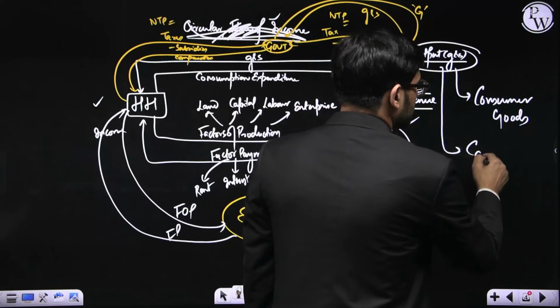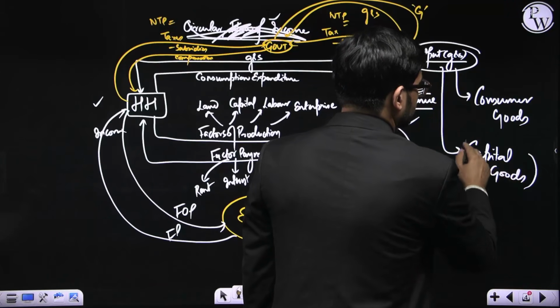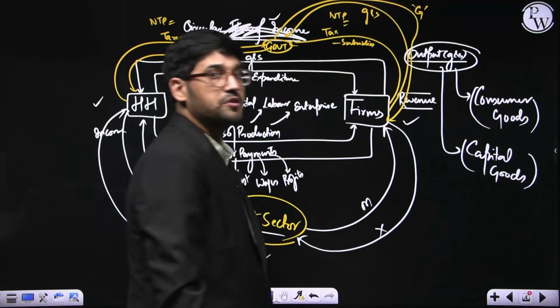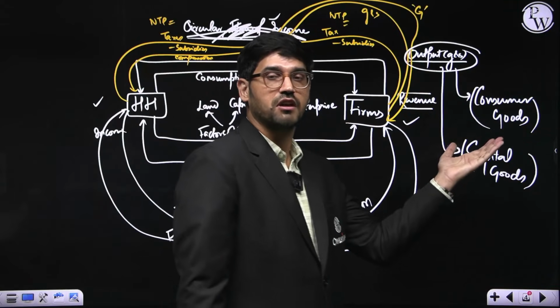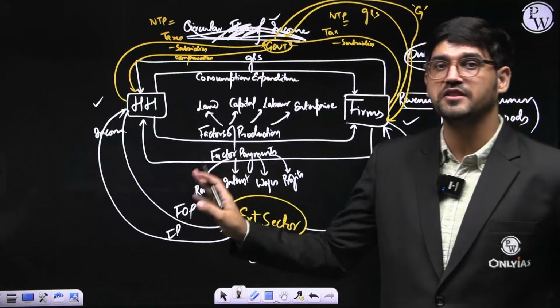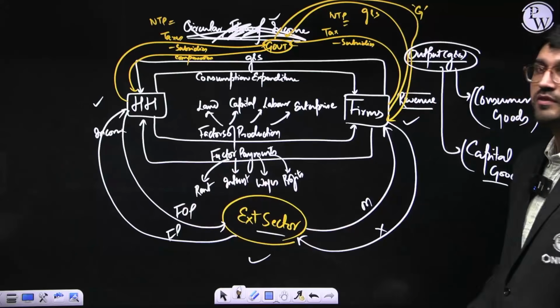These kinds of goods we call capital goods. Of all the goods and services produced by firms, some will be meant for use by end consumers, while some will be meant for use by other firms.